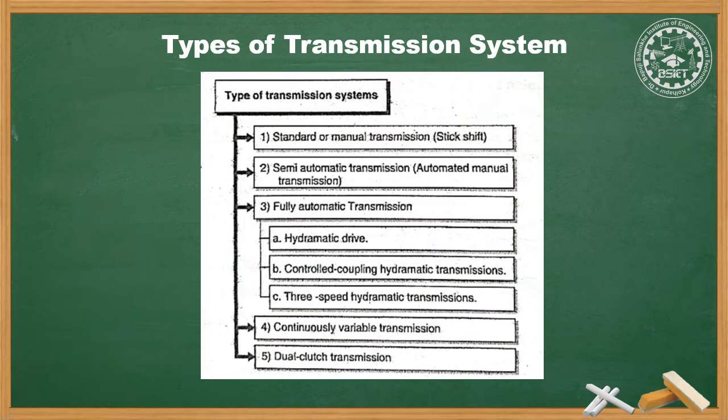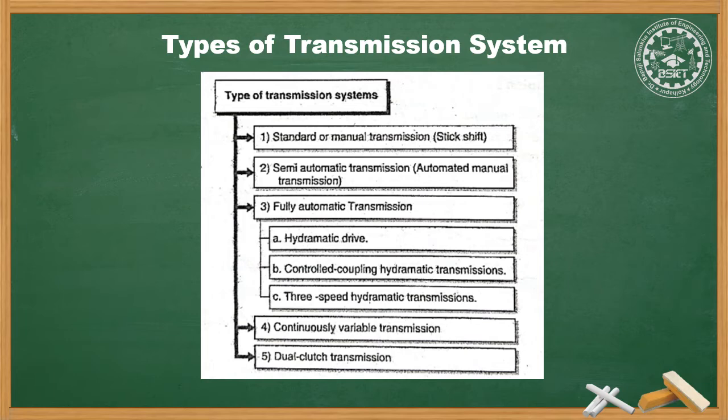The third is fully automatic transmission, and there are two pedals, for braking and for accelerating, and also a selector mechanism. The different types of fully automatic transmission system are hydramatic drive, controlled coupling hydramatic transmission, and 3-speed hydramatic transmission. Fourth is continuously variable transmission, CVT.